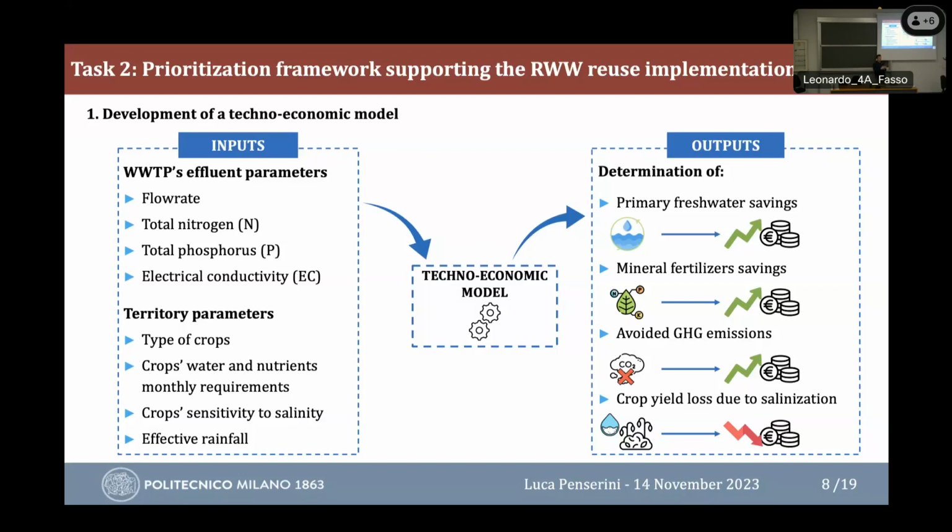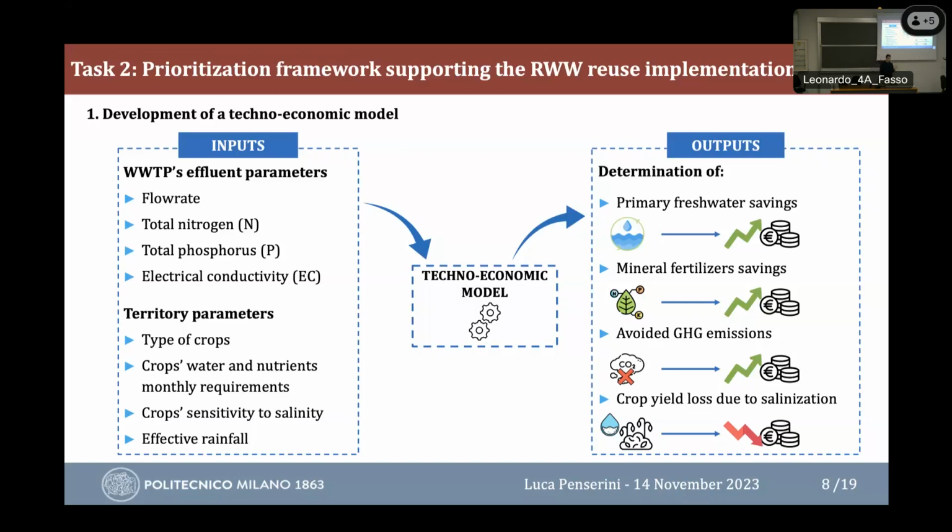Because it's a proxy of the salinity content of the wastewater. But also territory parameters were considered. We consider the type of crops surrounding the wastewater treatment plants, their crop water and nutrient requirements, their sensitivity to salinity, because it differs between different types of crops, and the effective rainfall, so weather characteristics.